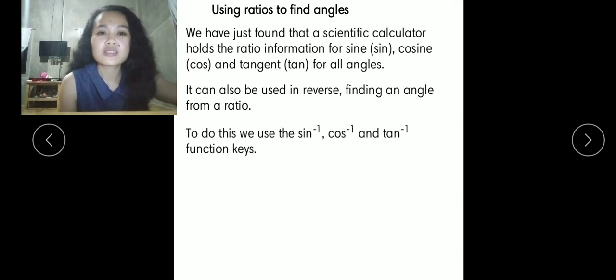To do this, we use the inverse of sine. If there is a negative 1 above the sine or any ratio, that is the inverse: inverse of sine, inverse of cosine, and inverse of tangent.